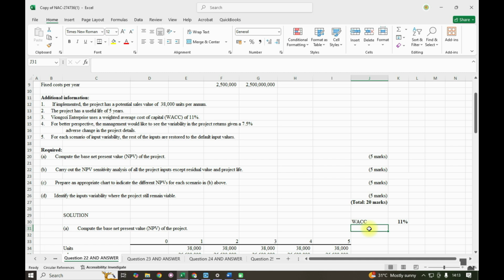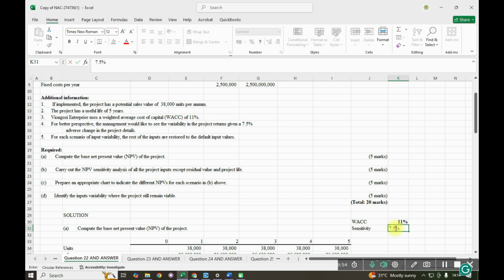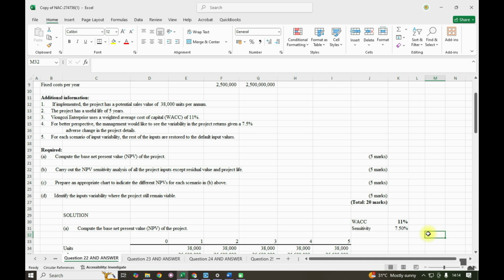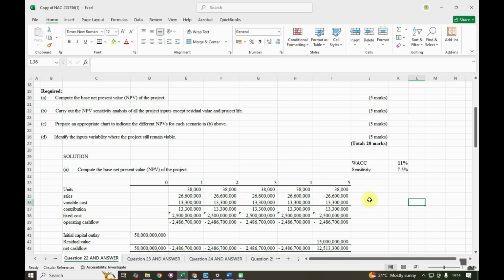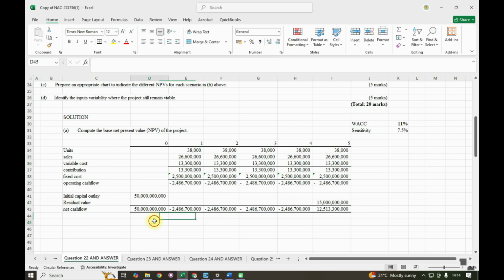Sensitivity rate. For the purpose of sensitivity, it will vary by 7.5%. That way.